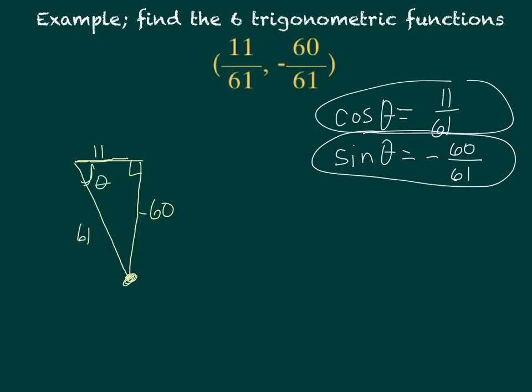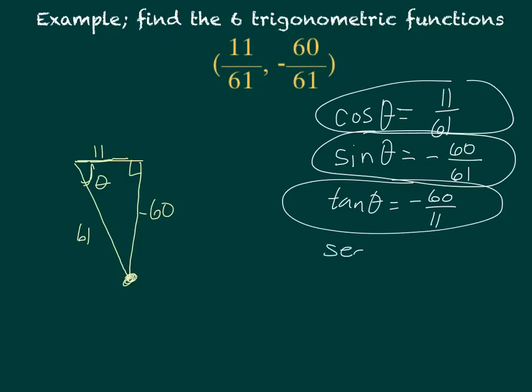All right, so now if I find my tangent of theta, that is going to be equal to the sine or opposite over adjacent, so negative 60 over 11. And secant of theta is equal to 61 over 11.